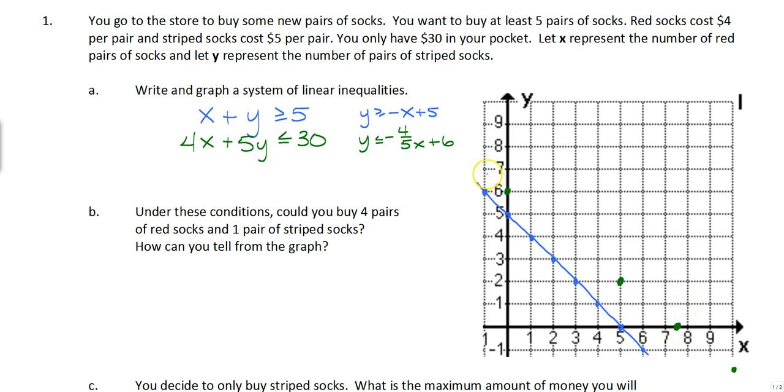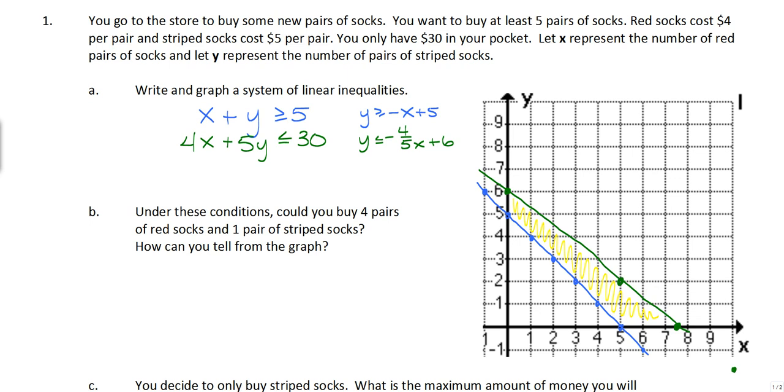Okay, and again, we are restricted by the amount of money we have. So we're going to be shading below that line. Again, we can't spend any more than $30. So our range that we are allowed to buy socks and spend is right there.